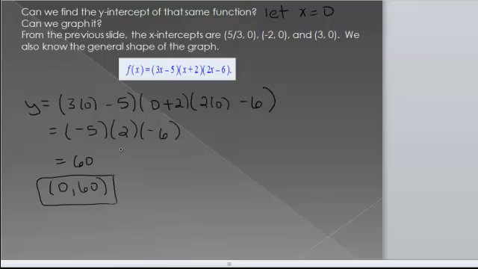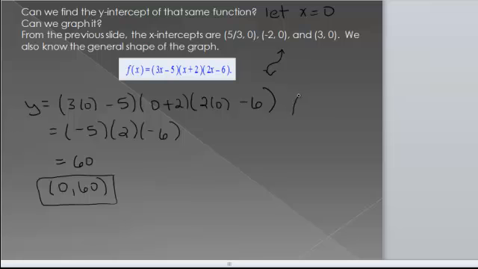So let's see if we can graph it. Remember, each of these represents your x-intercepts. That's what we found on the previous slide. And we also know that the general shape looks something like this. So what else we know is it's going to come up and touch this point, -2.